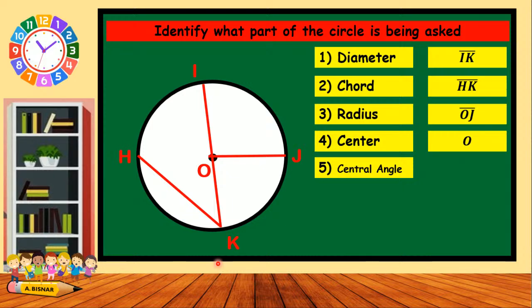Hala, nalimutan na agad. Okay, tama, Bautista. HOJ, ang layo po ng HOJ. K yun. So, the answer is angle IOJ and angle JOK. You're correct, Bautista. So, these are the central angle.